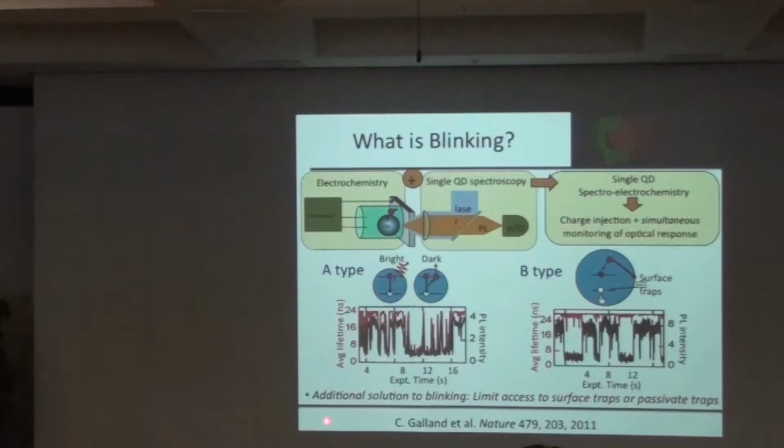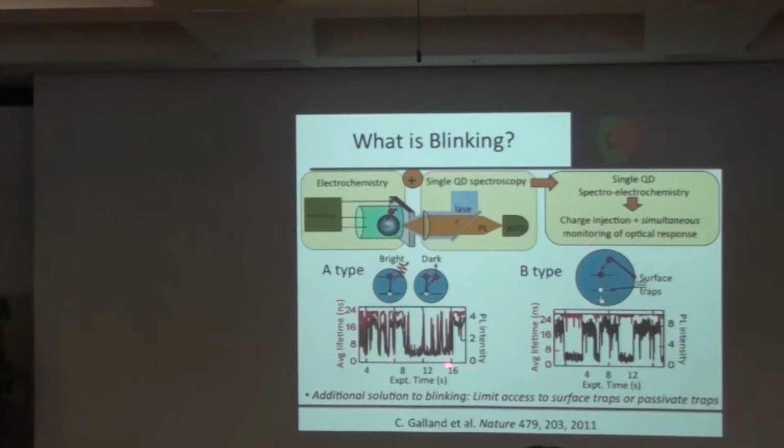And so as we expected, we saw the typical A-type blinking behavior where, as you see here in this plot, the average lifetime is actually correlated and fluctuating with the intensity of this quantum dot over time. And so what that means is when the intensity is down, i.e. the particle is blinked off or close to blink off. These quantum dots were constructed so that they didn't entirely go dark.